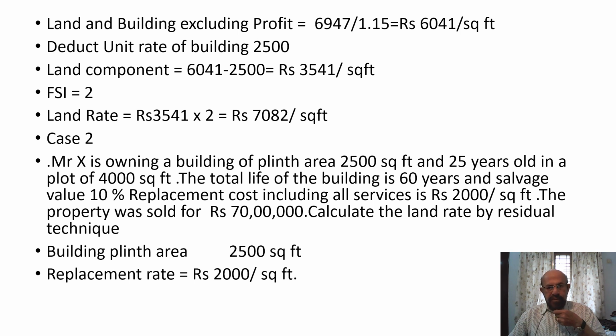Land component is equal to 6,041 minus the building cost of construction is equal to rupees 3,541 per square foot. FSI is 2. So land rate is equal to the land component rupees 3,541 into 2 is equal to rupees 7,082 per square foot.